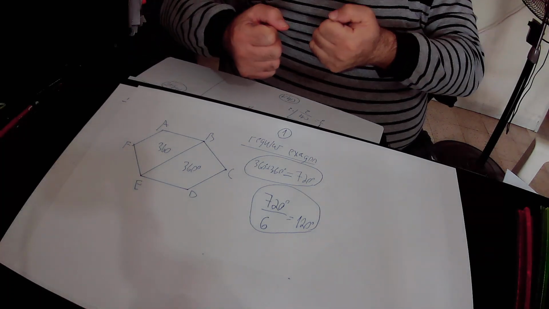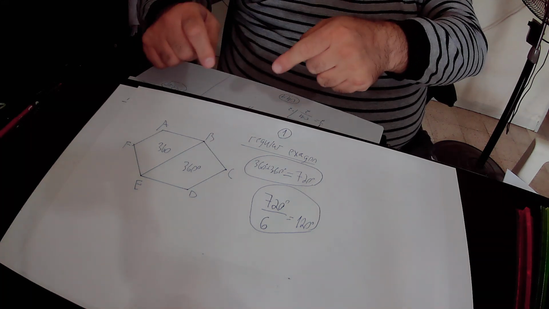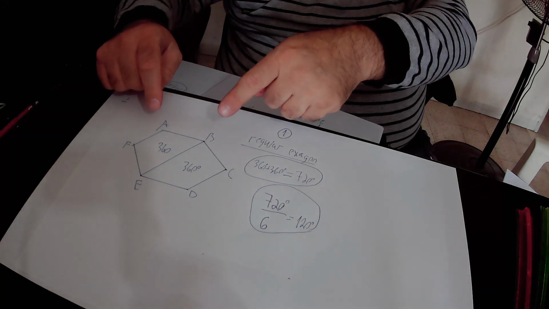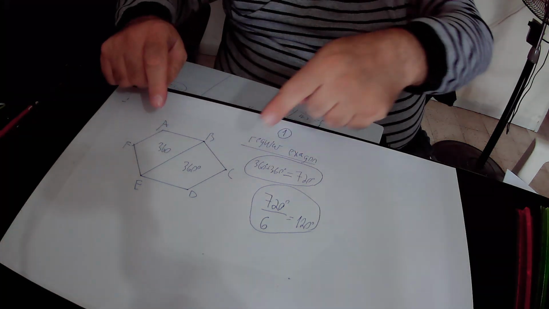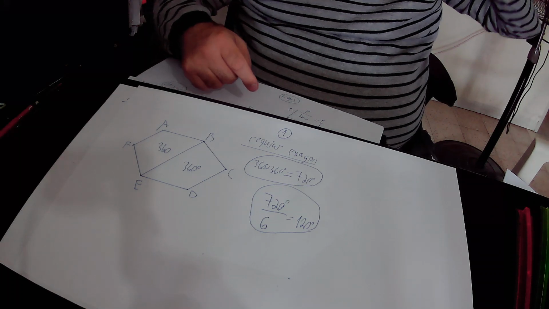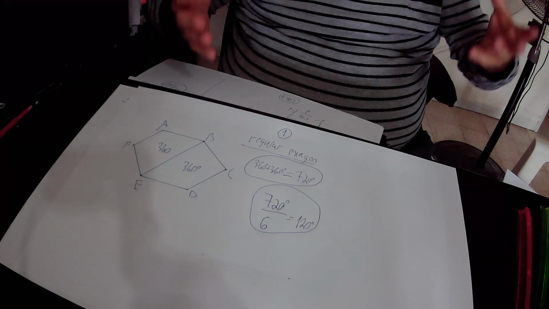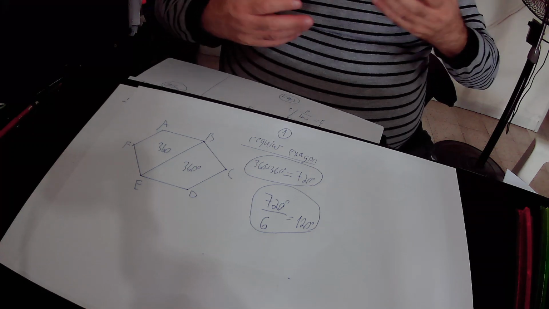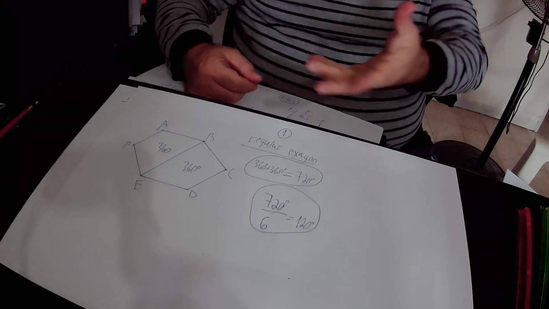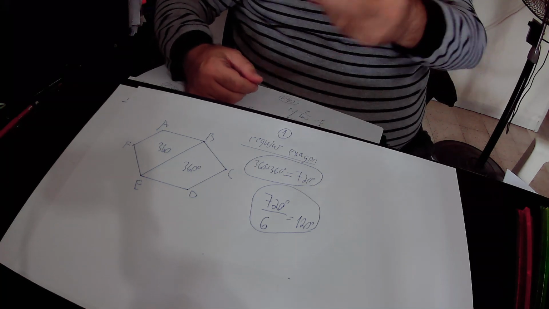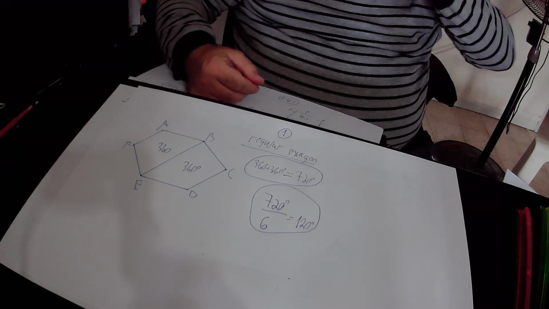And because this regular hexagon, like any other regular hexagon, has exactly 6 equal interior angles, that are 2, 4, 6. Those are the 6 equal interior angles. It means that the sum of the 6 angles, that is 720 degrees, over 6, the number of the angles, must be equal to the size of one angle.